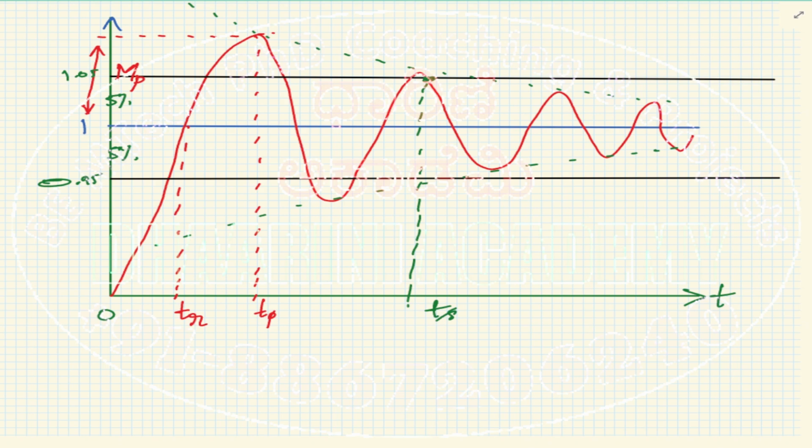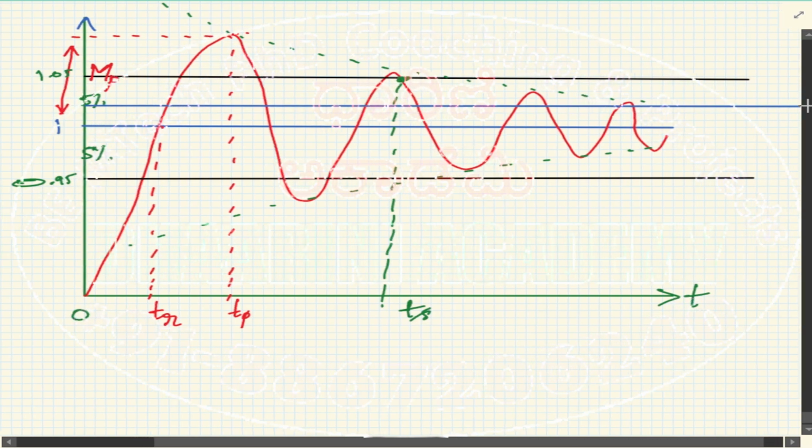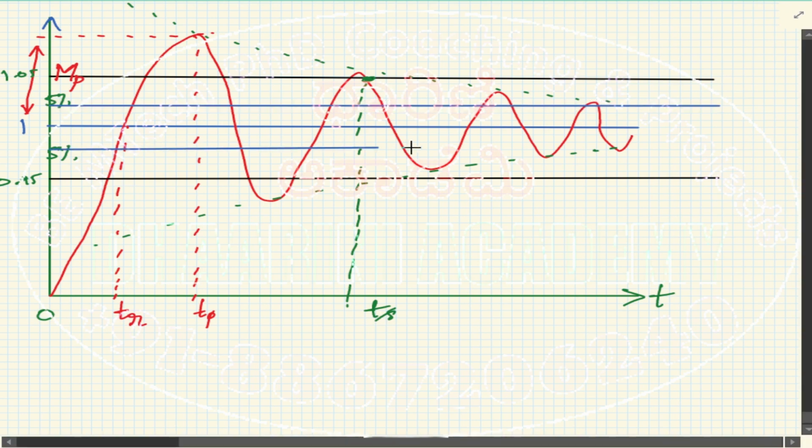This value varies depending upon the threshold or tolerance value. If you keep it as 2%, you see that the values will change. Let me change the color to mark that. Let's say this is 2%. Now you see 2% is not entered yet, right? It will take much more time to reach the 2% band.